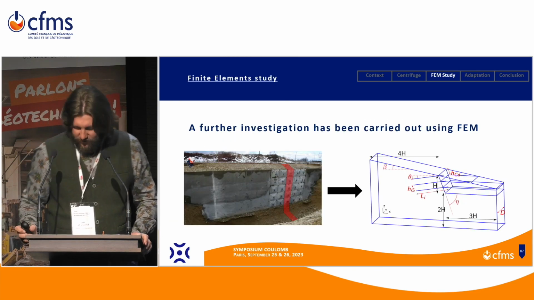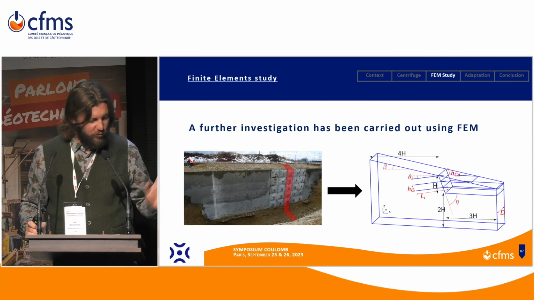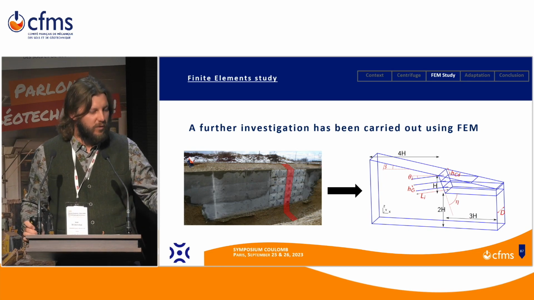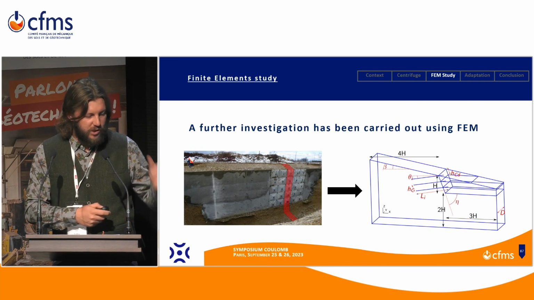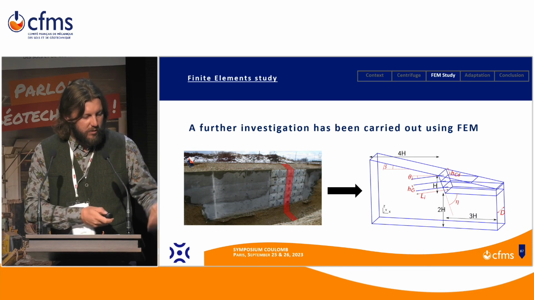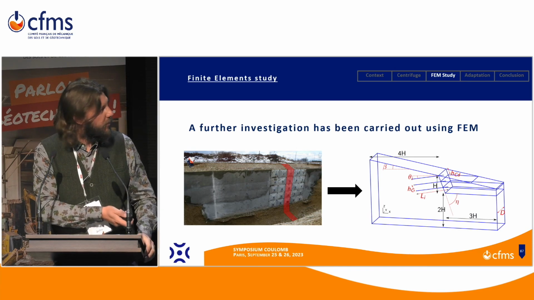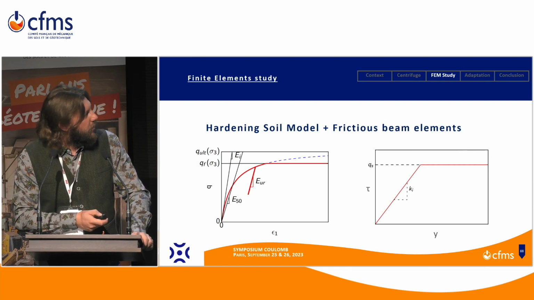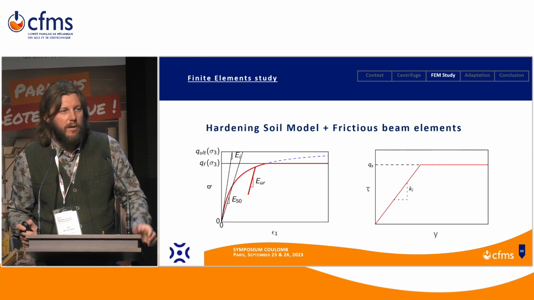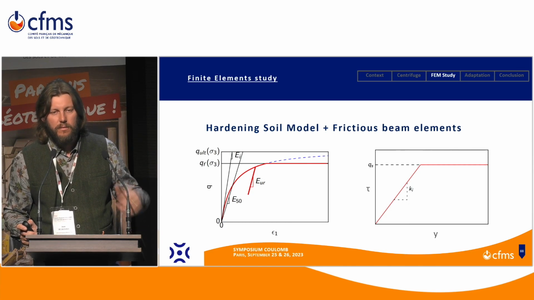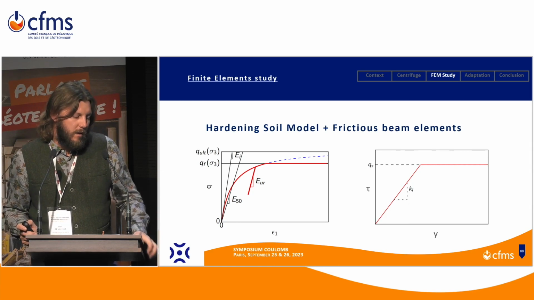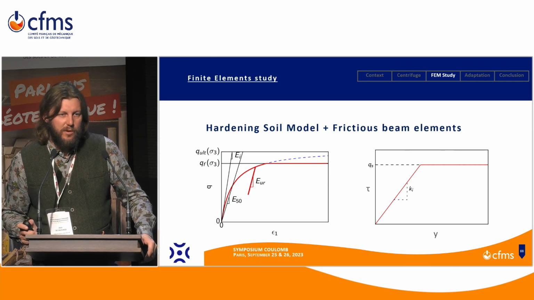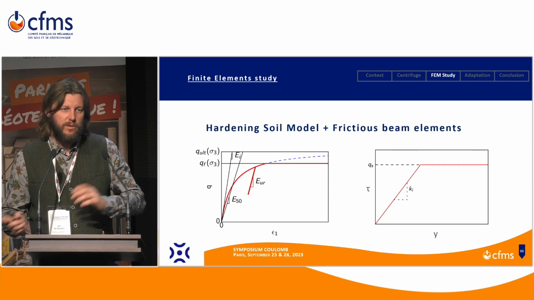Okay, so I will go very briefly over the numerical model we did. After the centrifuge, we did a numerical model, which is a 3D model, but we only model one, let's say, slice of our wall. We used hardening soil models for the soil, and the nails were frictional beam elements, which means we had an additional degree of freedom, which is the relative displacement between the soil and the nail.